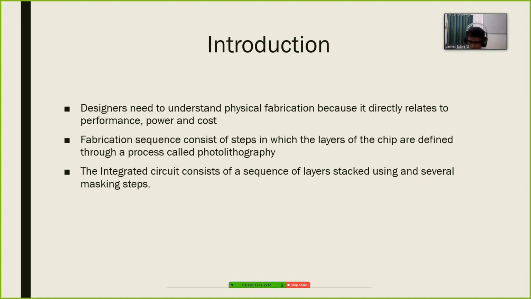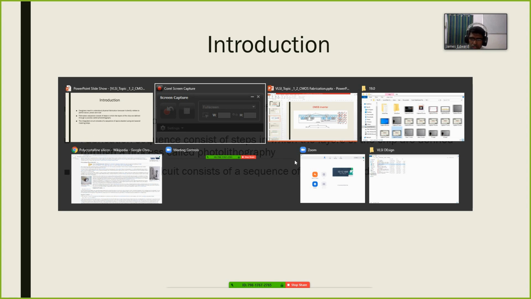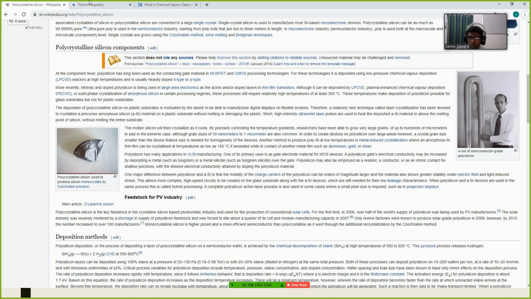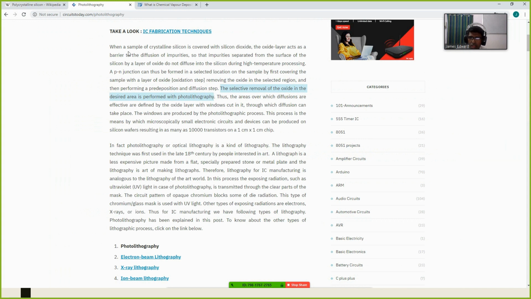In order to discuss photolithography, we can see here that a PN junction is formed by covering the layer with oxide and removing the oxide in a selected region. So we need to remove oxide layers where P and N junctions are required to be formed. This selective removal of oxide is performed by the photolithography process.